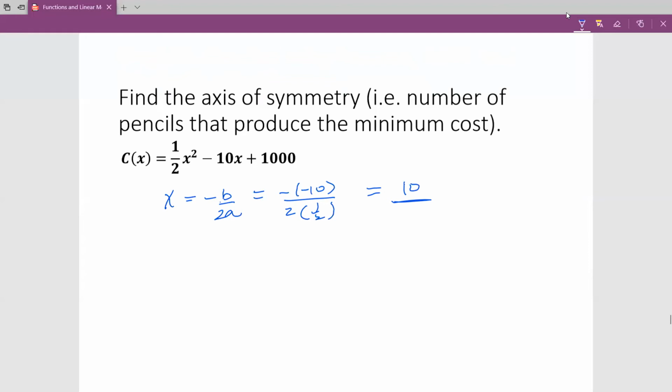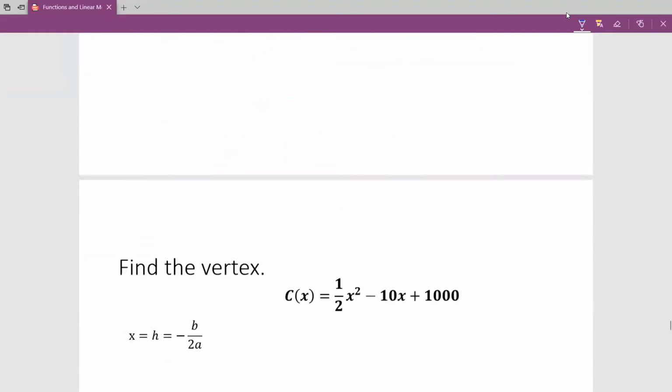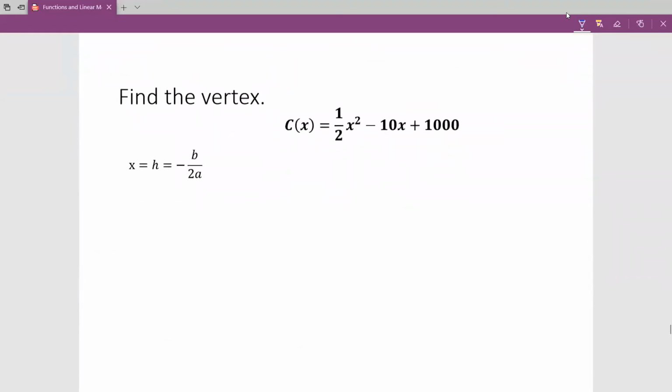And now we want to calculate the other part of the vertex. We want to find k, which is C at -b over 2a. Of course, -b over 2a is 10, so we plug in 10.